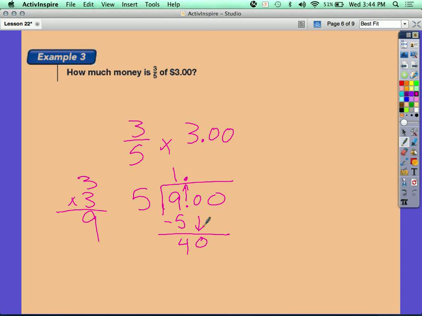Okay, 5 goes into 40 8 times. Okay, gotta drop this 0 all the way down here. And 5 goes into 0 times. Remember, it's important to bring that extra 0 up because we need 2 decimal places because we're talking about dollars and cents. So my answer should be $1.80. Well, how can I check that?